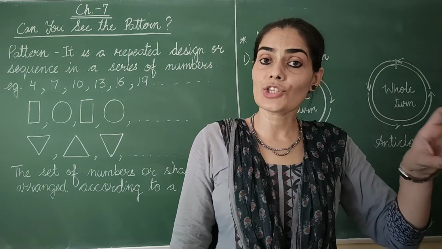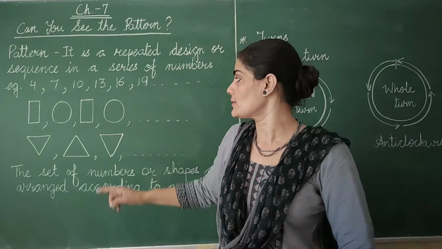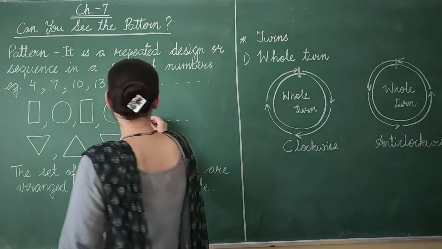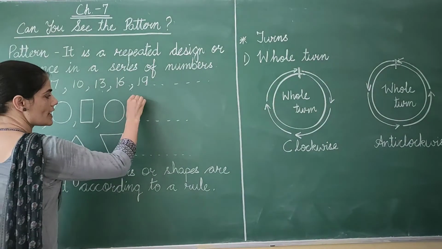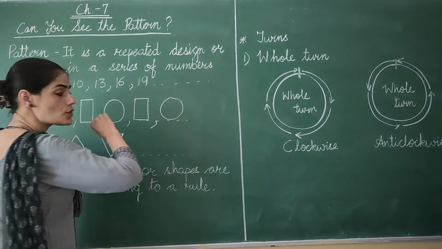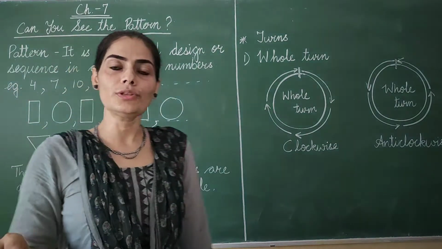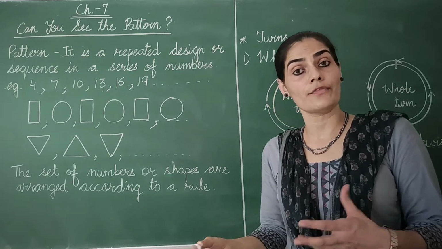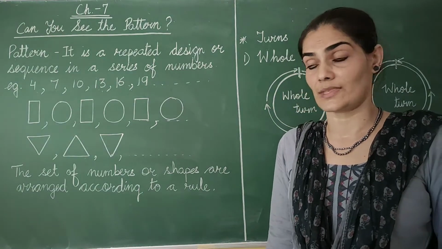Again there is repetition, rectangle, circle. So what will be the next term? If it's circle, next will be rectangle. Then next will be circle. So if we know about the rule, then it becomes easier for us to find out the next terms.